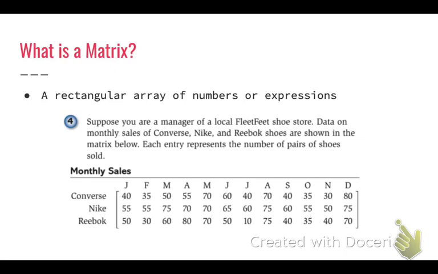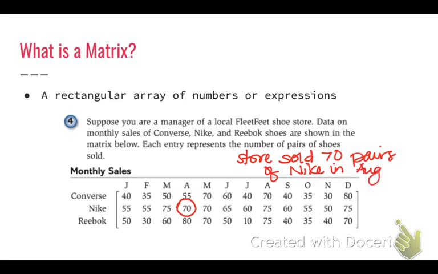So if I was going to look at this matrix and try to determine what this entry here would represent, this would tell me that we sold at the store 70 pairs of Nike shoes in the month of August. So again, it's very similar to a table in how we read the information when it's in a context.